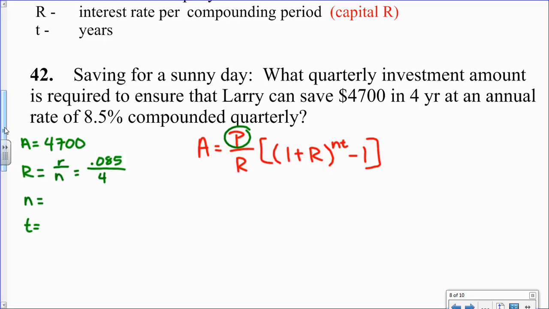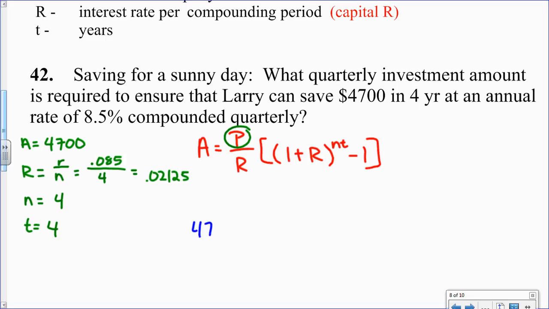If it's a decimal that you don't have to round, it's easier and less messy to go ahead and divide. So 0.02125. So for capital R, I can plug in 0.02125. And we already said N was 4, and then how many years? 4. Okay.